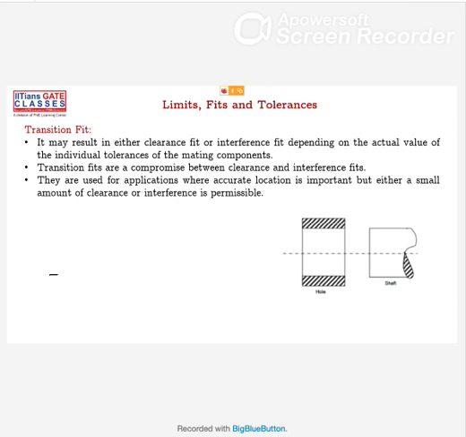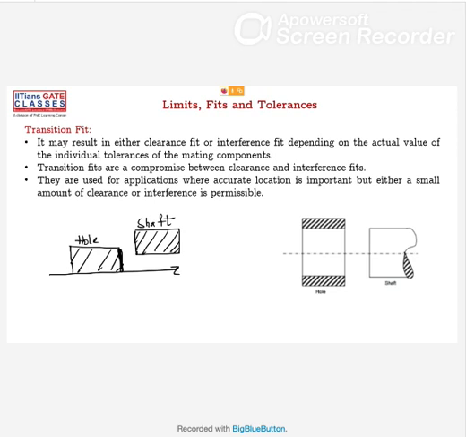So let me draw the simple plain diagram for you. If you're taking the hole system here like this, and now the shaft will be in between like this. If you take the upper limit of shaft and lower limit of hole, then it will be fitting. If you're taking the lower limit of shaft and upper limit of hole, then you cannot fit it, right? Hole, shaft.